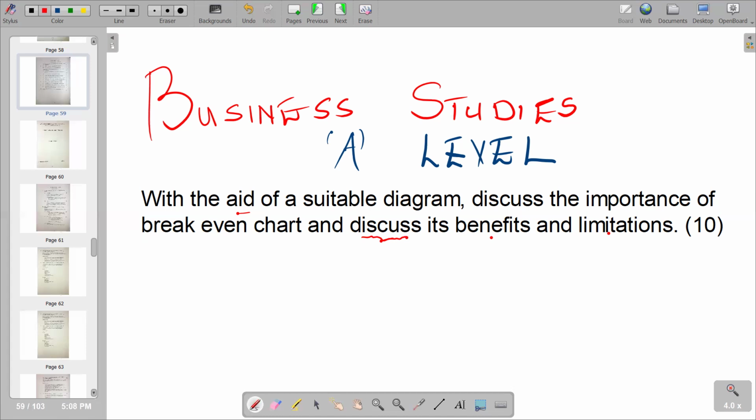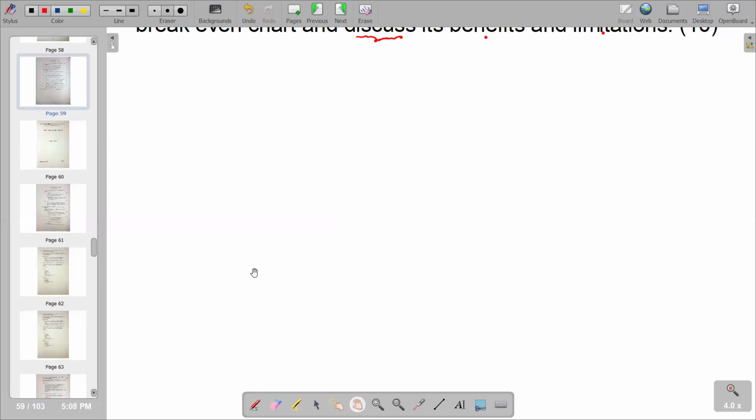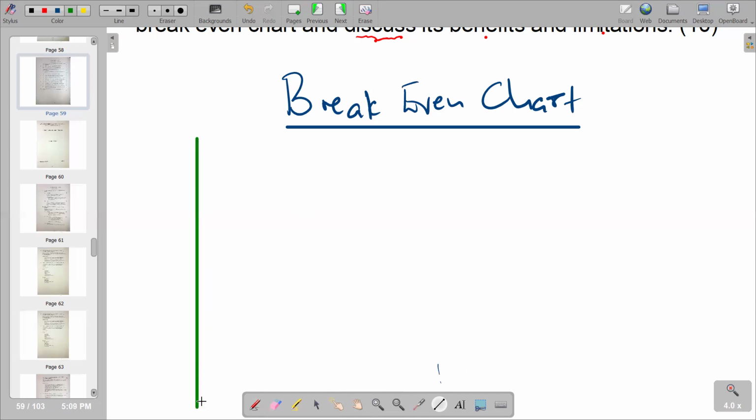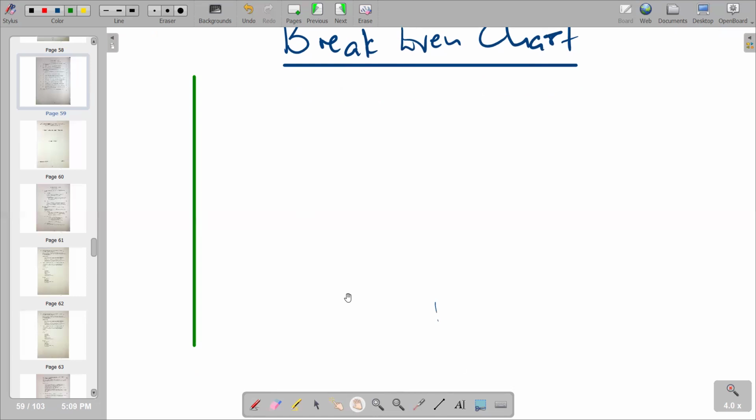This is the first part that we are putting down: the break-even chart heading, which is going to lead us to the chart. On the presentation of our chart, we are supposed to come up with our axes, first the vertical axis and then the horizontal axis.